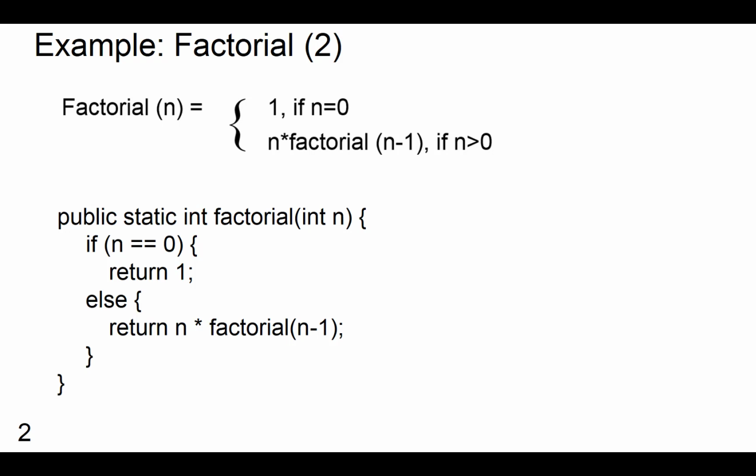We can check if the factorial method satisfies the 4 criteria for a recursive method. First, the recursive method calls itself. Second, each recursive call solves a smaller problem.